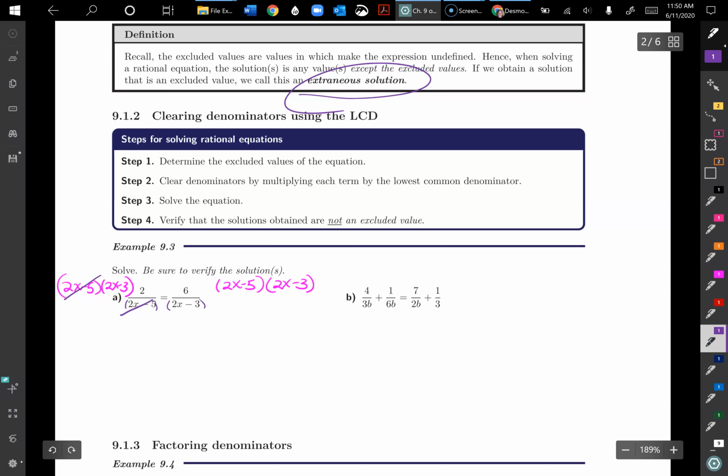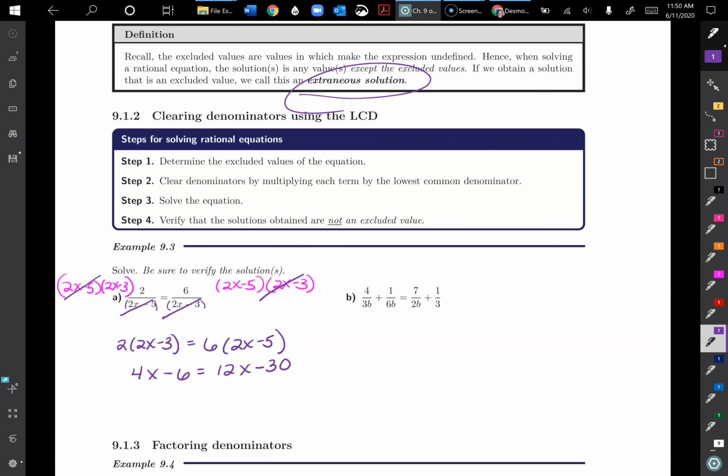So I'm left with, on the left hand side, 2 times 2x minus 3. And on the right hand side, I'm left with 6 times 2x minus 5. Now I'm going to distribute, and I get 4x minus 6 equals 12x minus 30.